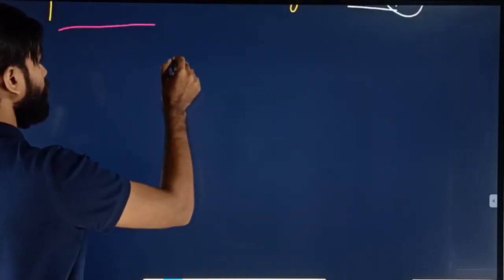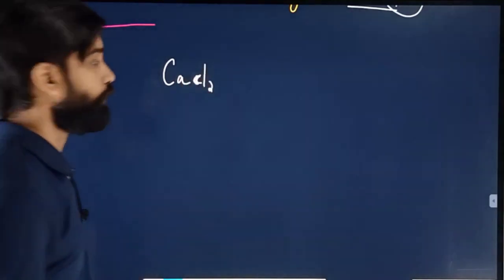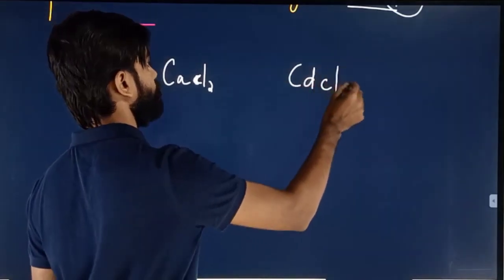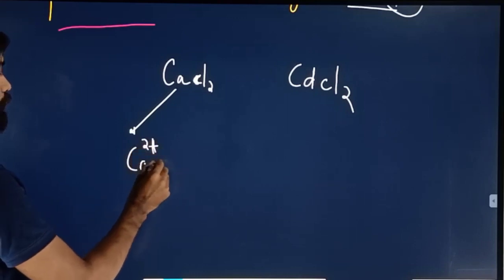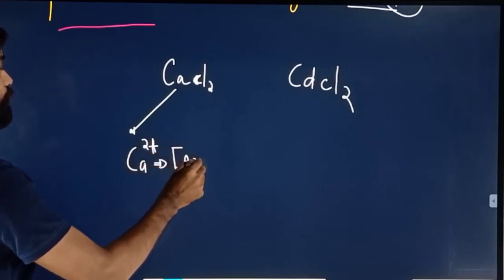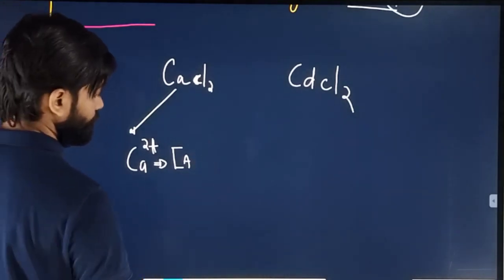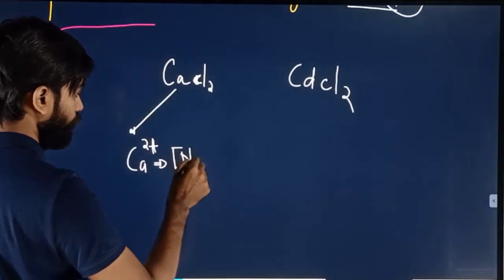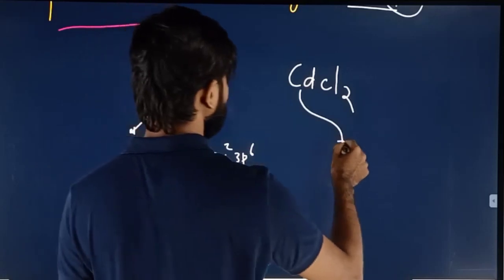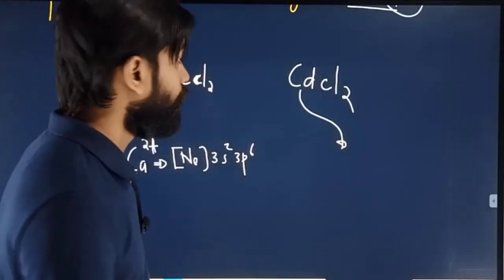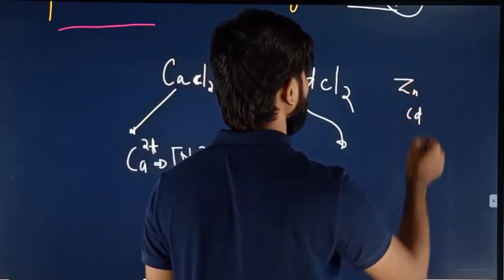For example, if I have CaCl2 and CdCl2, here calcium is Ca2+, which has the configuration of argon, or otherwise neon followed by 3s2 3p6. Cadmium: zinc, cadmium, right?